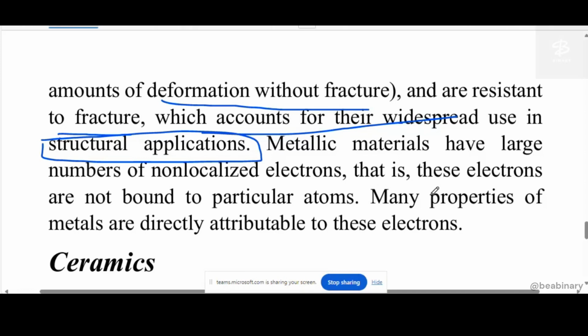So two terms are basically associated with conduction, which we are not going into in detail right now. So this is why metals are used frequently across structural parts. This is the main reason.